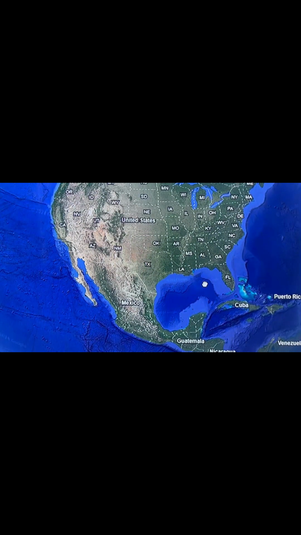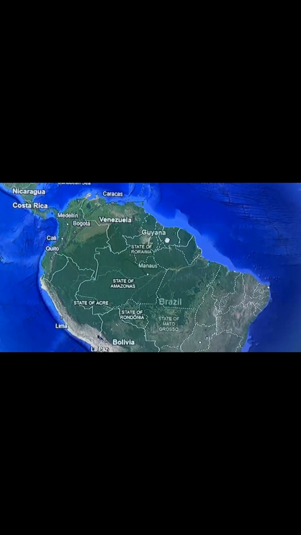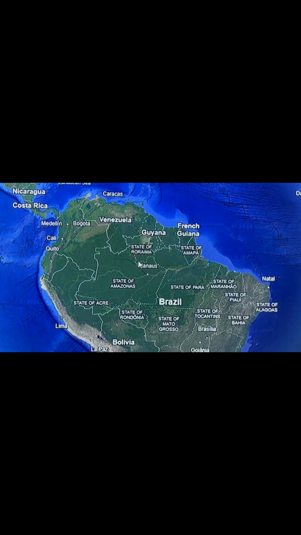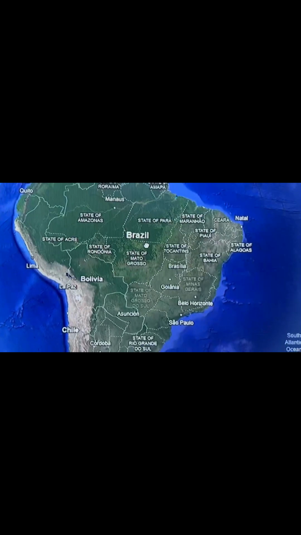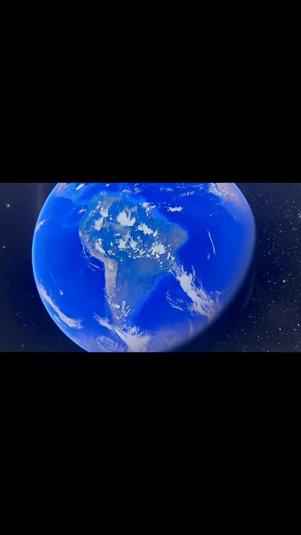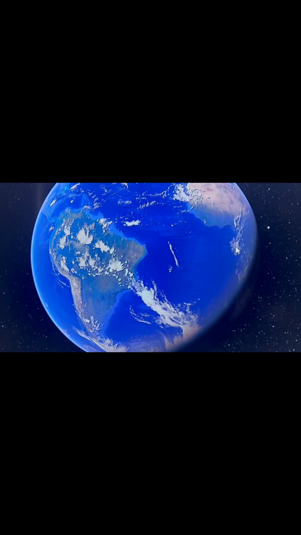Now let's get back to the South Atlantic anomaly. The magnetic field does not follow the rotation of the Earth if the Earth is going to be tilting. So right now, the South Atlantic anomaly is in this region here.